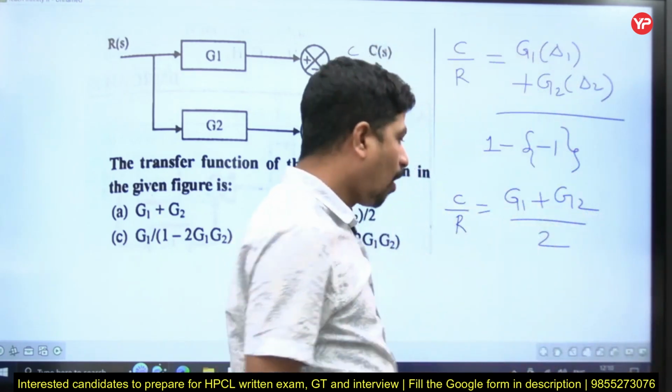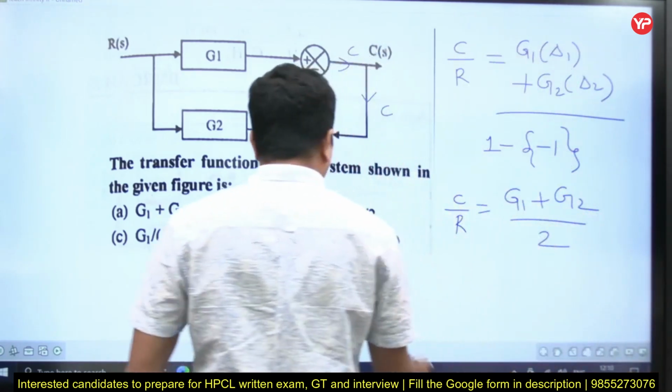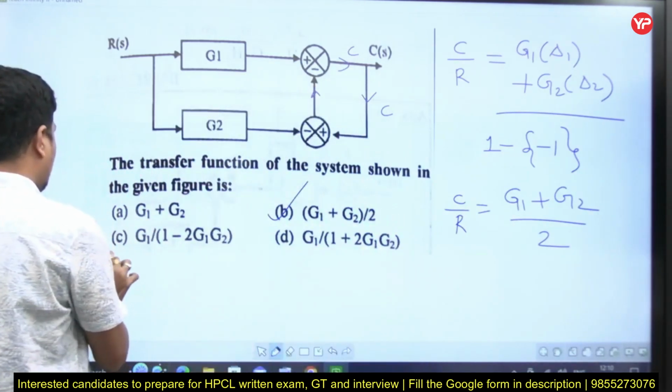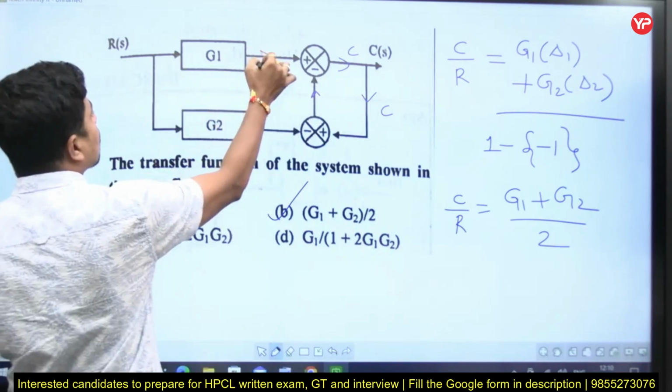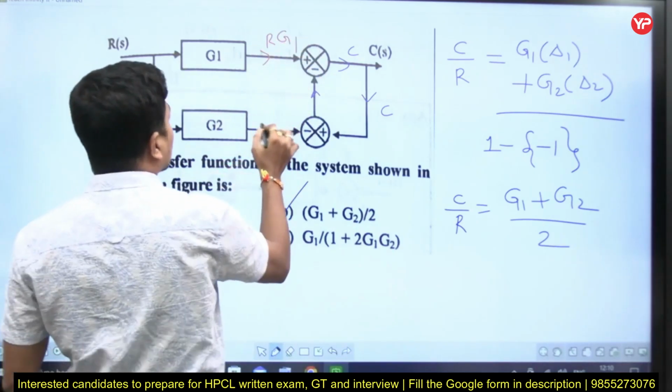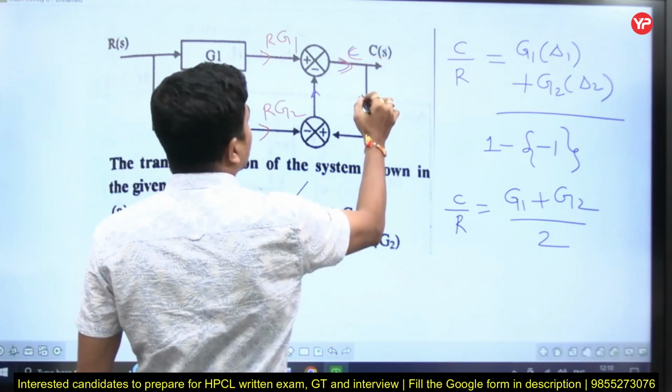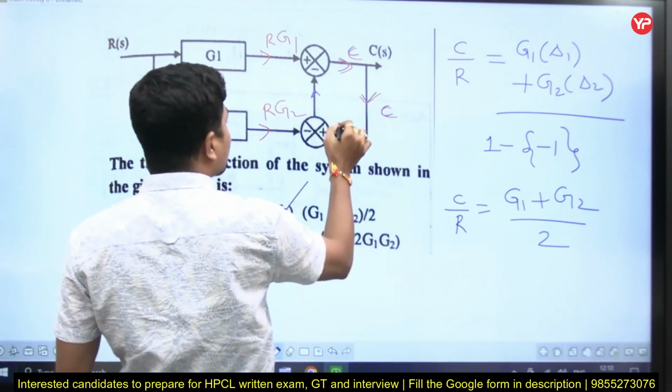Another way is by using block diagram algebra. That also I will do, but most of the time I find convenience in the application of Mason's gain formula. Tell me, this is R G1, this is R G2, this is C, this is also C. Now how much is this?